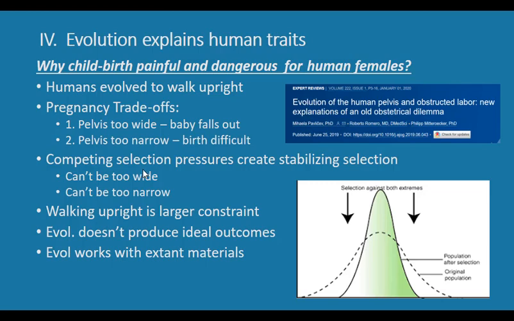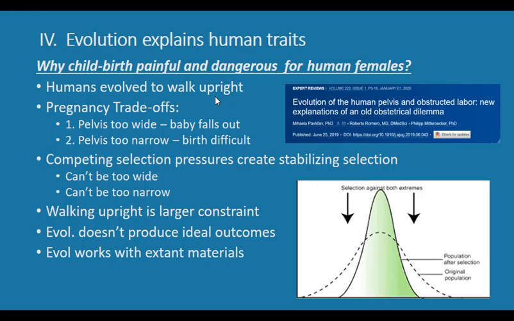Another way of looking at this is it's a consequence of humans evolving to walk upright, and that produced a problem. This is argued in a recent paper that has some good data to support this. If you're walking on all fours, the baby is better positioned to stay in the womb.